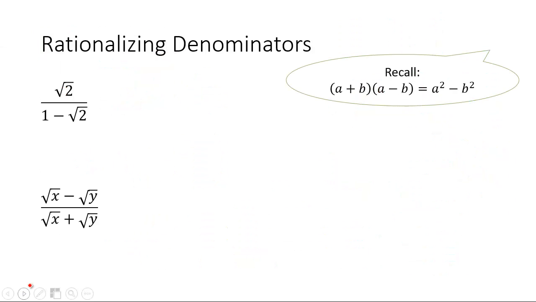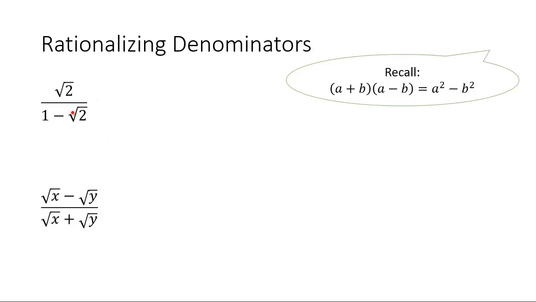Now, what if there are 2 terms in the denominator? So we can't just go ahead and multiply by root 2, because that'll actually make it root 2 minus 2, and we still have a root. You can try that out. Doesn't work.